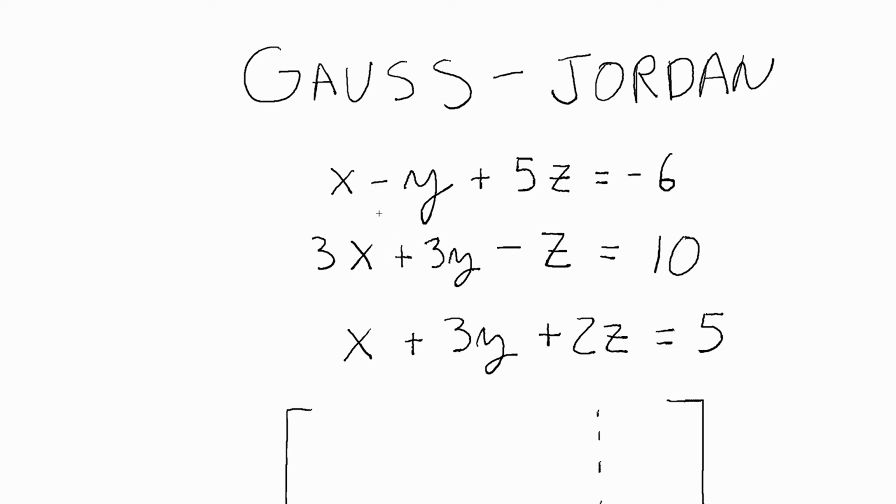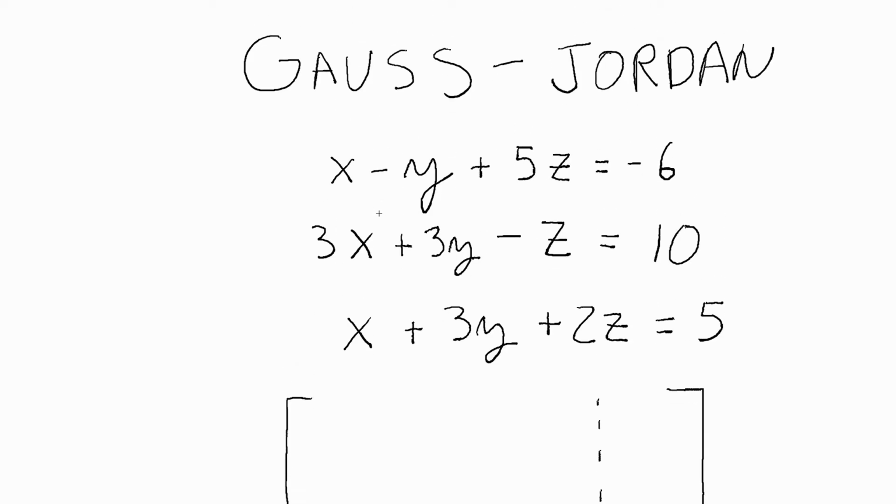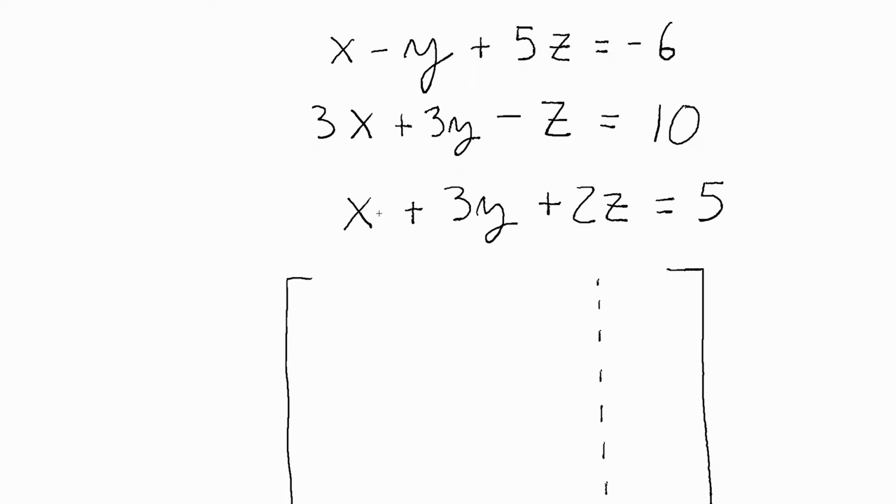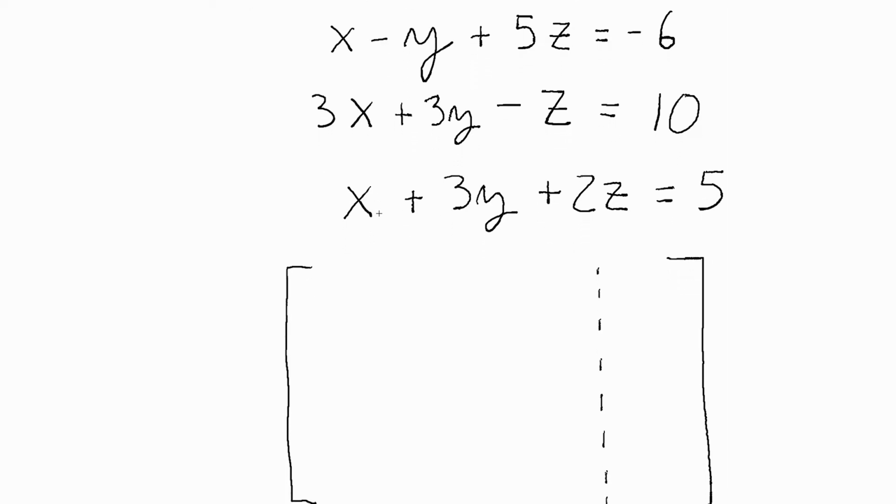system of equations. So the first thing I want to do is transform this system of equations into a matrix by simply more or less dropping some of the symbols. So watch what I do here. I'll get my pen out here. I'm going to put the number 1 here, and that comes from the fact that there's a 1 in front of the x.